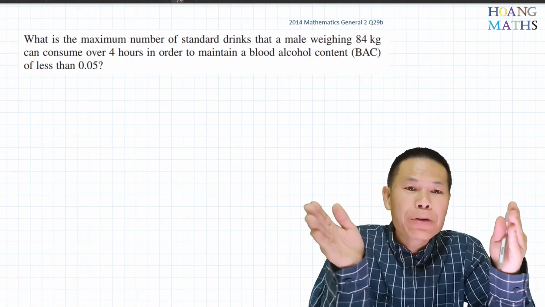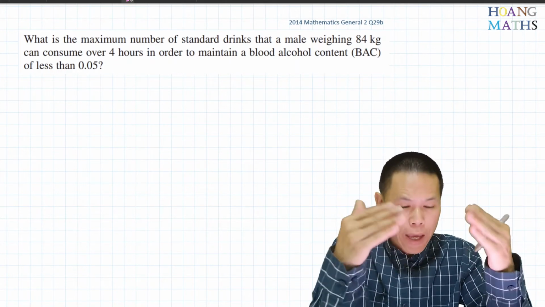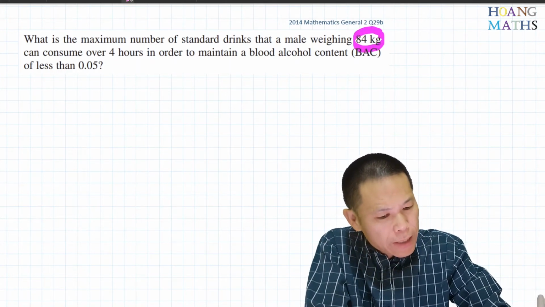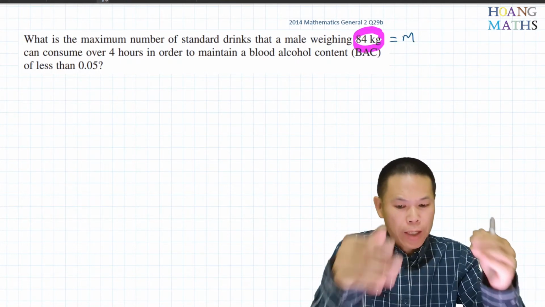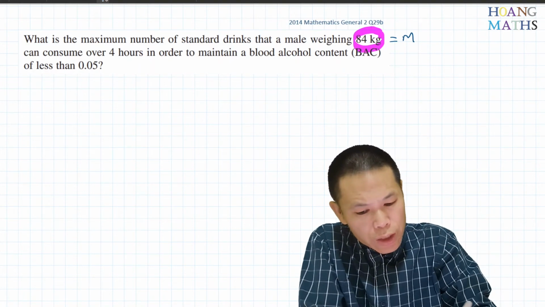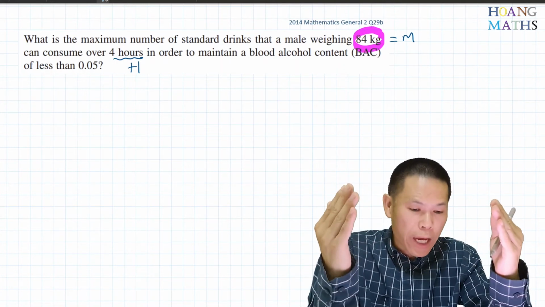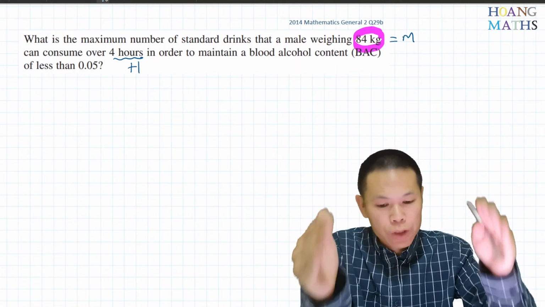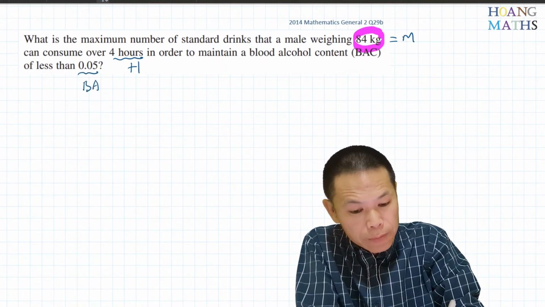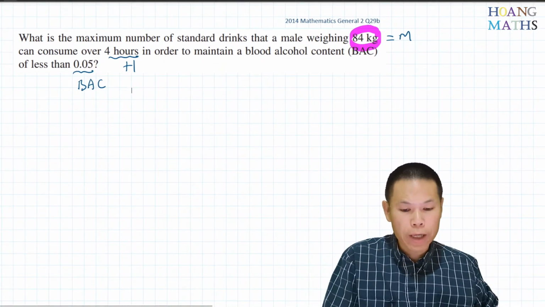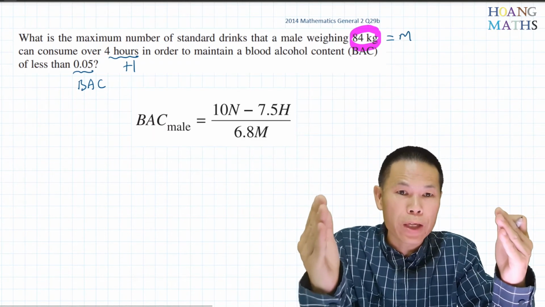Hi, I'm back. How did you go? So let's go through it together, okay? So we know that M, the mass, is 84. So this is M. And then the time, which is H, is 4 hours. So this is H. And the blood alcohol content we need to be less than 0.05, which is BAC. And we know the formula given is this. So now we just substitute these values in and solve the equations.